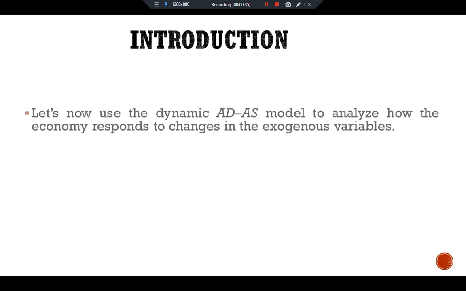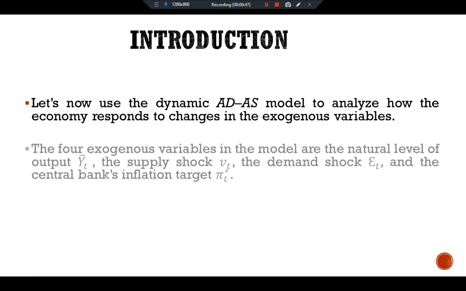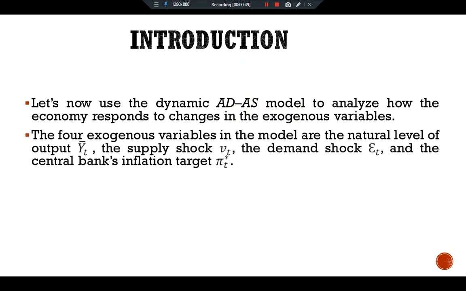Let's now use the dynamic aggregate demand and aggregate supply model to analyze how the economy responds to changes in the exogenous variables. The four exogenous variables in the model are the natural level of output Ȳt, the supply shock vt, the demand shock εt, and the central bank's inflation target π*t.